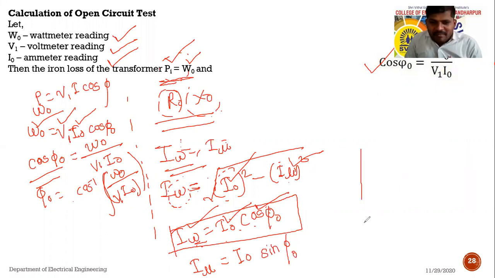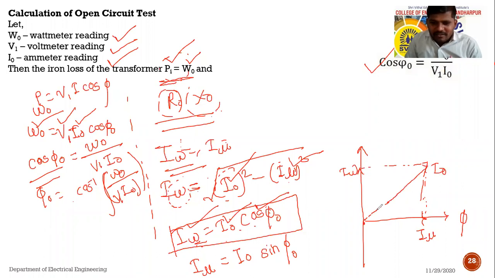We have already drawn the phasor diagram, see. The phasor diagram of the flux. Here it is phi, here it is I mu, here it is IW, and once we have drawn the parallelogram, or it may be rectangular, we got the value of no load current I0, right?